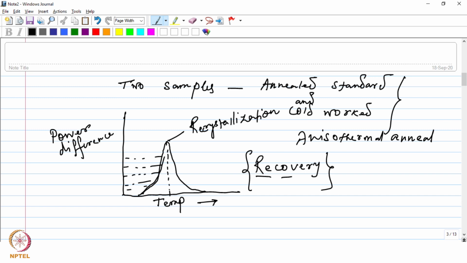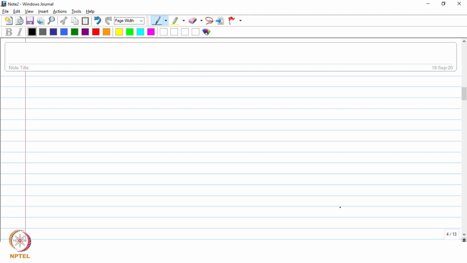So the same thing can be shown by the DSC experiment I was mentioning. You might know that DSC captures the heat flow, and that can be plotted against the temperature.